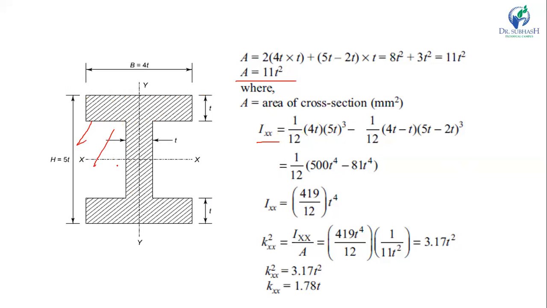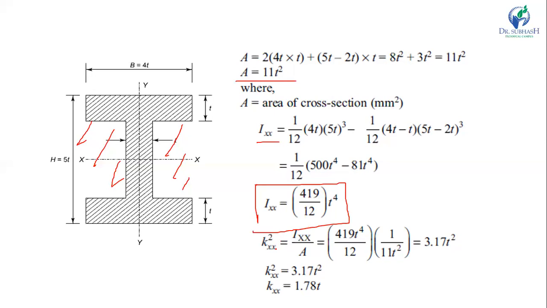From the whole we first have to subtract this portion: 1 by 12, 4t minus t, that is both these portions together, into 5t minus 2t cube. So therefore Ixx is equal to 1 by 12, 500 t raised to 4 minus 81 t raised to 4. Therefore Ixx is equal to 419 upon 12 t raised to 4.